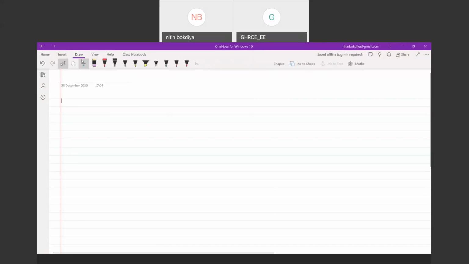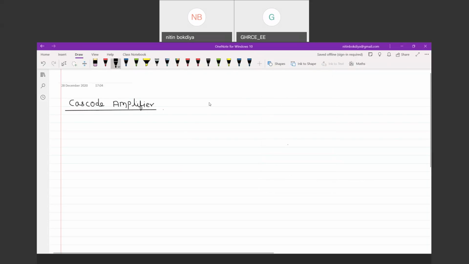Now we are starting with a new topic, which is the cascode amplifier.